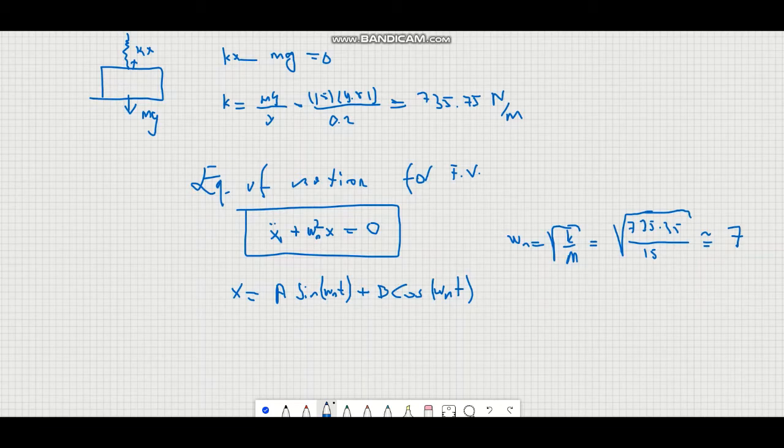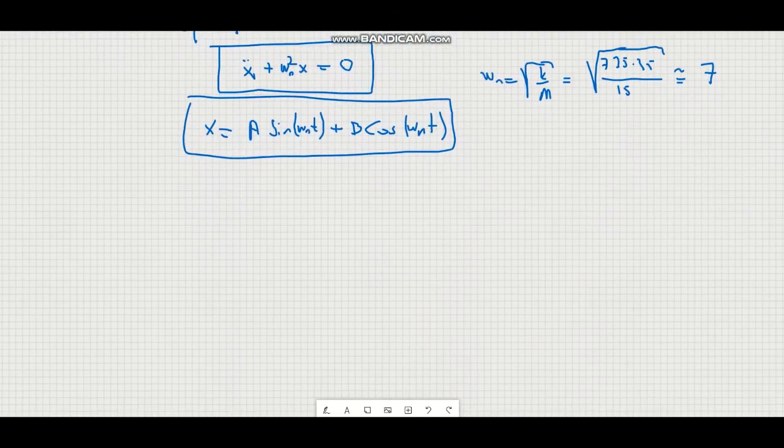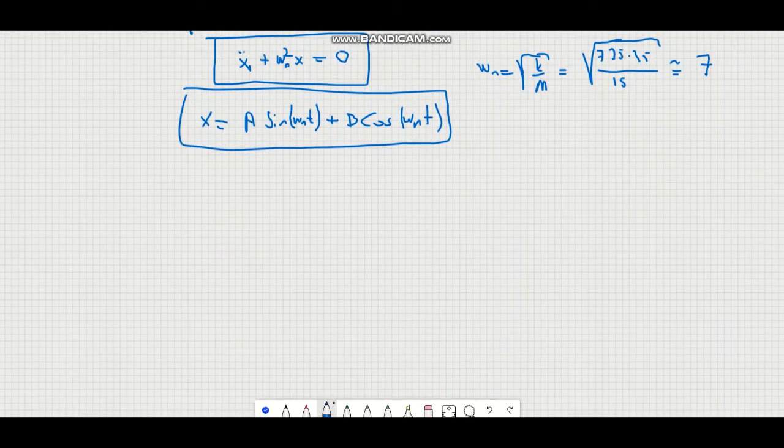What else can we find? We found the general solution, but in order to solve this differential equation, we need to know the initial conditions. The first initial condition says at time 0, when the motion starts, it is stretched down 100 millimeters, so it's gonna be 0.1 meter, right?